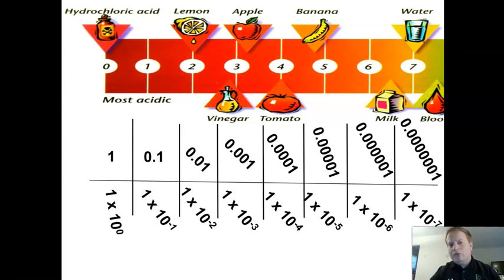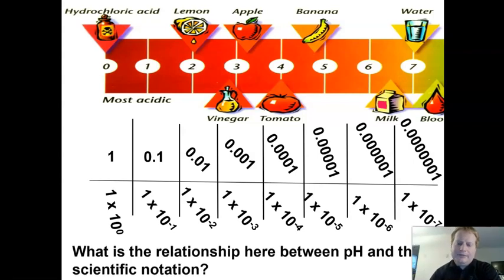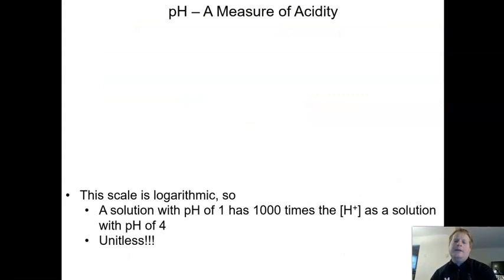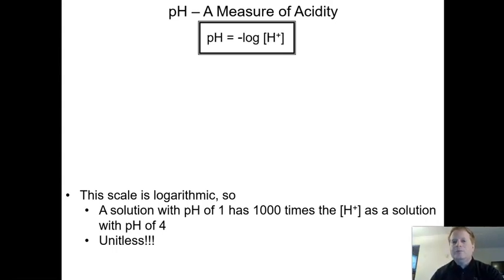And if we keep going with this, now hopefully we can see a pattern. So if you had to write a rule, how do I get the pH from the H plus concentration? Hopefully at this point you can see that you take the exponent, the power of 10, and make it positive. So hopefully you realize that that's the connection here. Now, there's an efficient mathematical way to simply grab that power of 10 and change the sign of it.